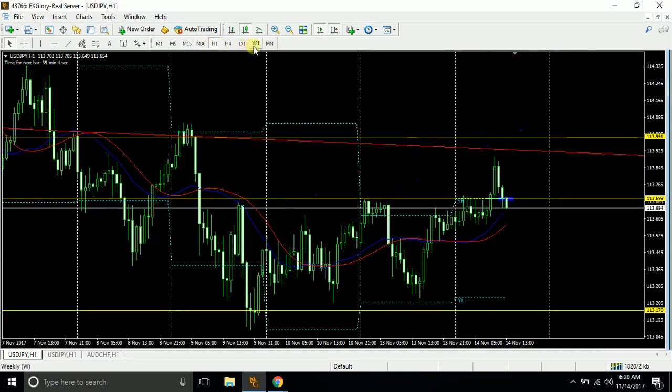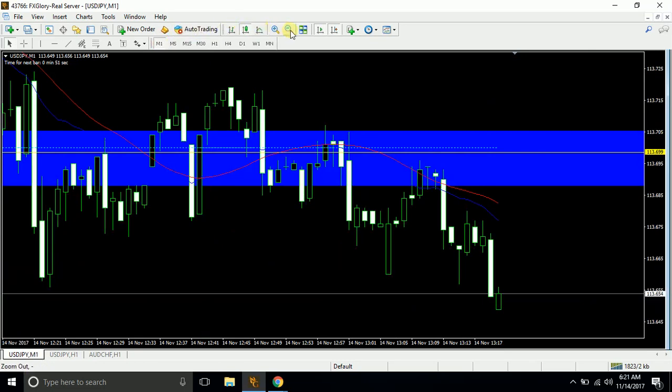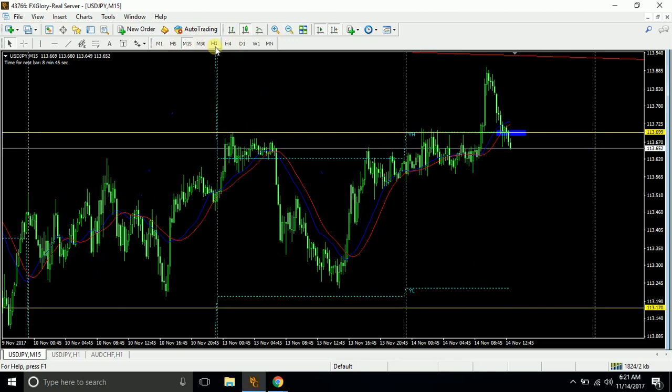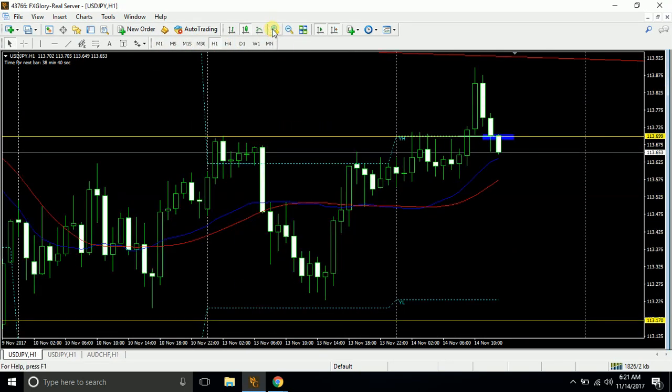Hour chart and up. That's the hour, H4, daily, weekly, monthly. Nothing below the hour. So let's go into the hour. Nothing below the hour chart.